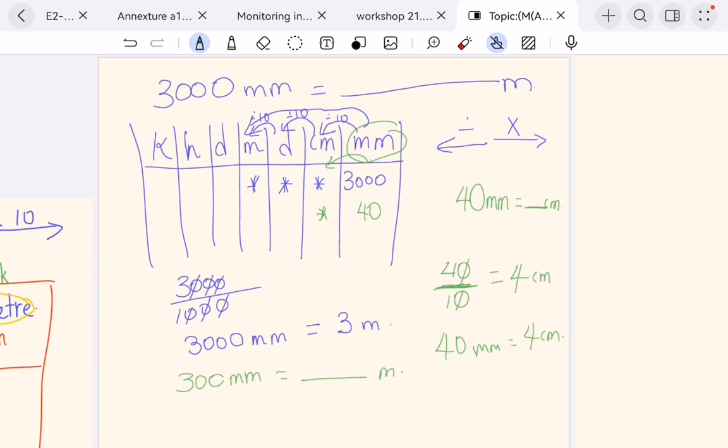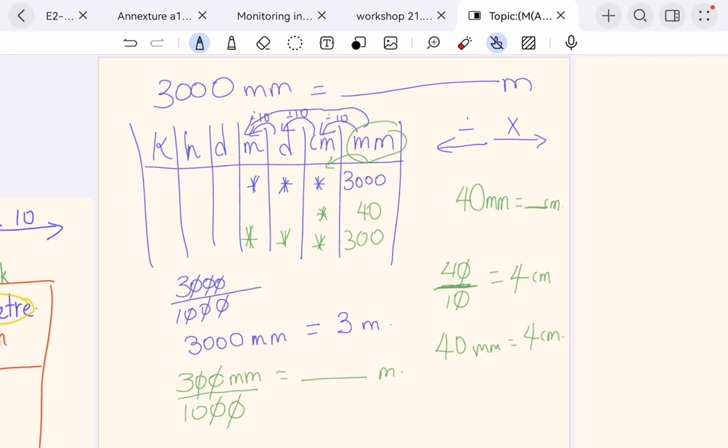Let's see. I've got 300 millimeters, and this one I want to divide. Let's see how much I'm dividing by to get to meters. The first 10, and then another 10, then another 10. The 0 divides a 0, the 0 divides a 0, and then let's check the answer.